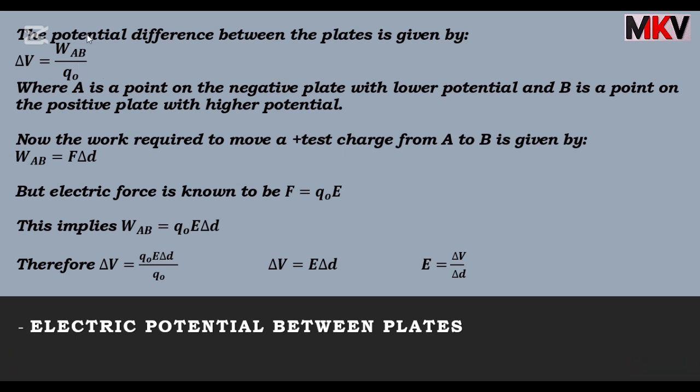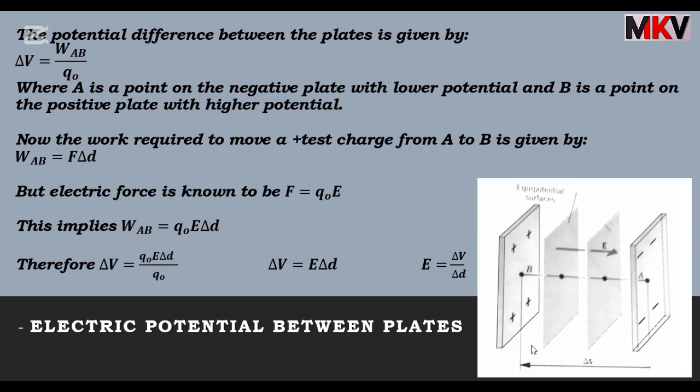So after substitution, Q naught will cancel out Q naught, leaving the potential to be equal to E times change in D. Therefore, our electric field can be calculated as change in potential between the plates all over change in distance. So this expression can be used to find our electric field, and this expression can be used to find the potential difference between the plates, the electric potential between the plates.